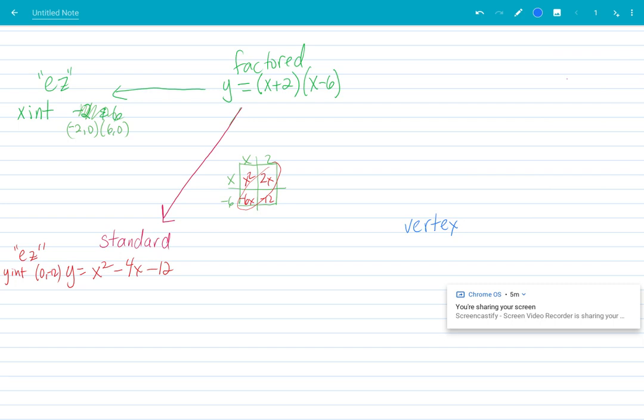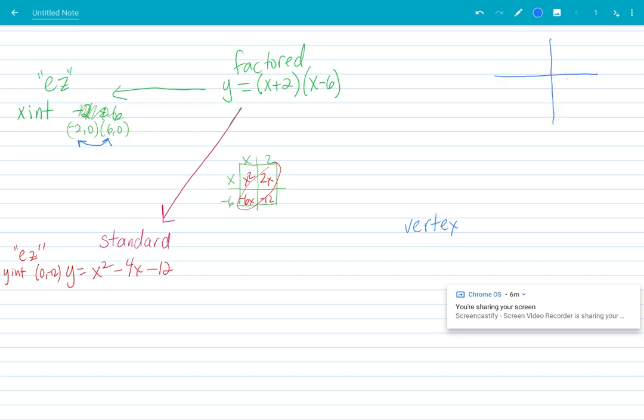I used to do this, and my friends in the class would always take a long time to get the vertex, and then my teacher would get mad at me because I wouldn't show my work. I could tell you what the vertex is just by looking at the x-intercepts. How far apart are they?